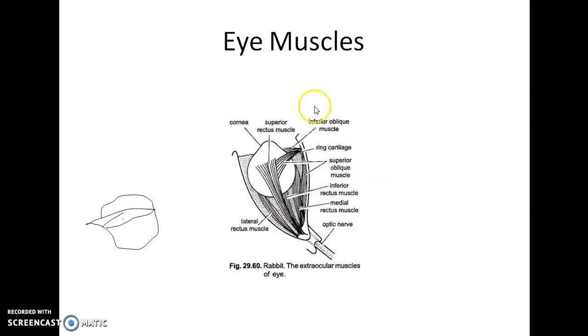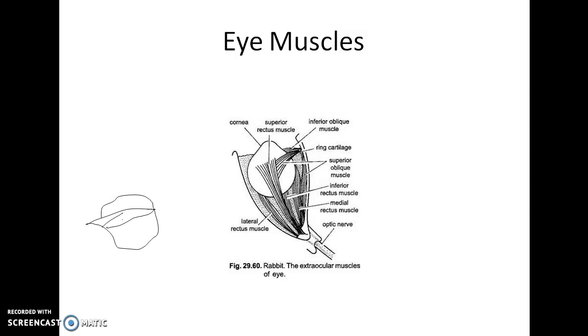Here it is given as superior, inferior, then medial and lateral. And the oblique muscles include the superior and inferior oblique.